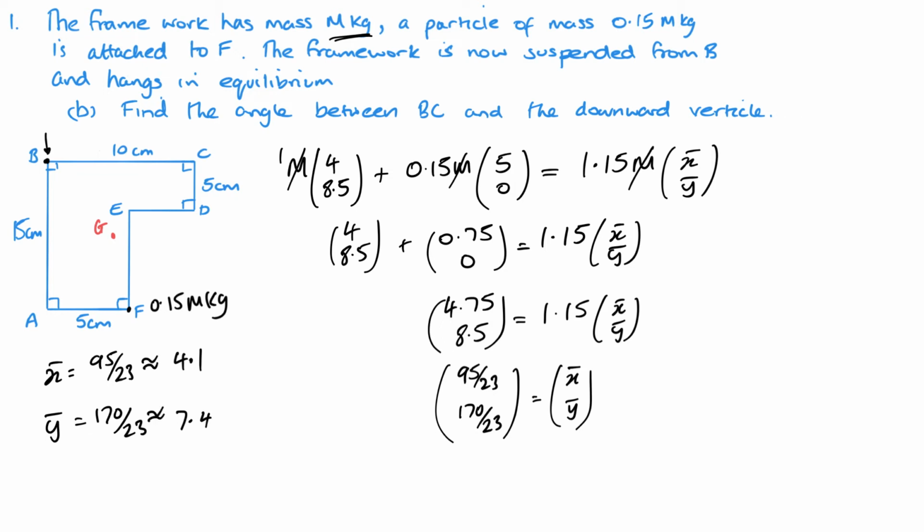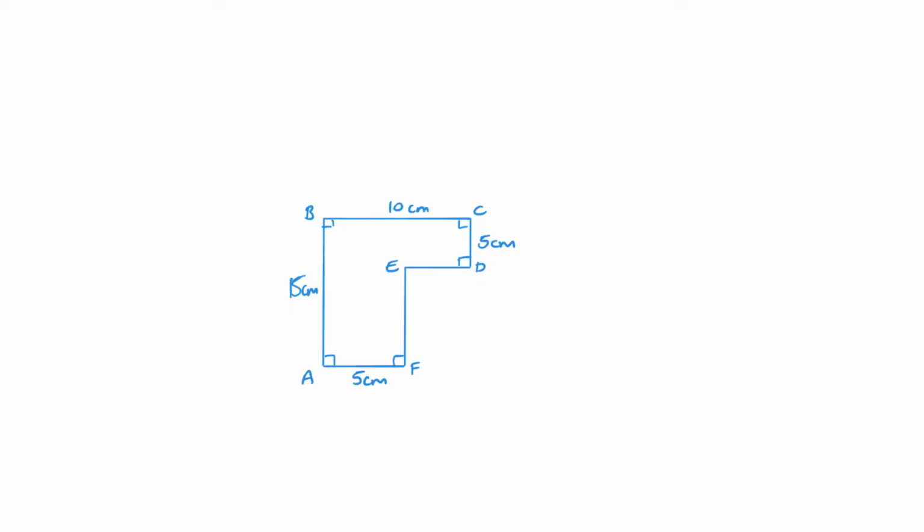So now what I want to do is work this out. So it's attached to B. I'm going to need a new diagram with a new value of G. And we're going roughly 4.1 across and 7.4 up.